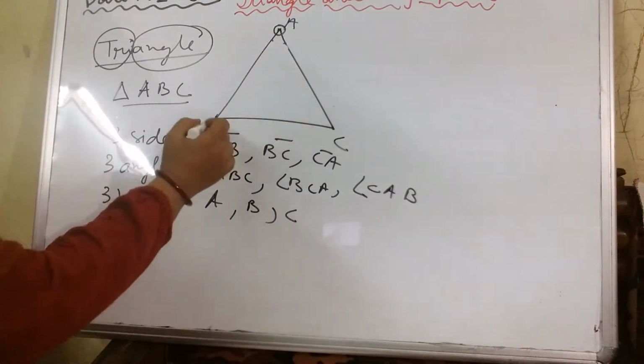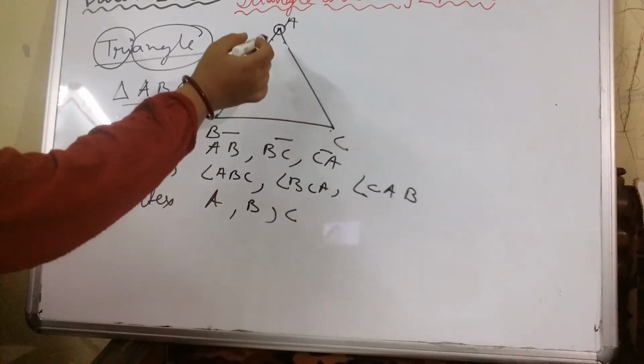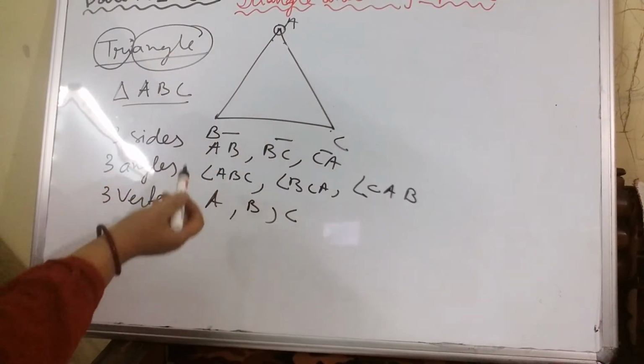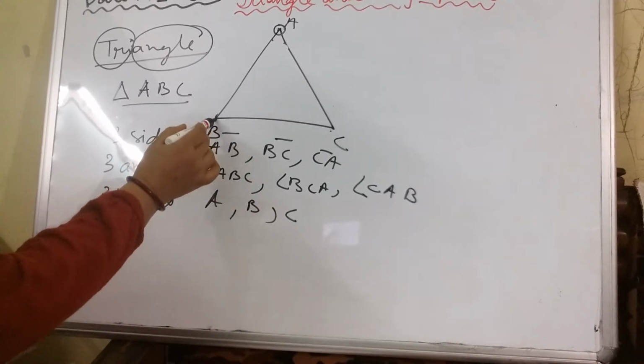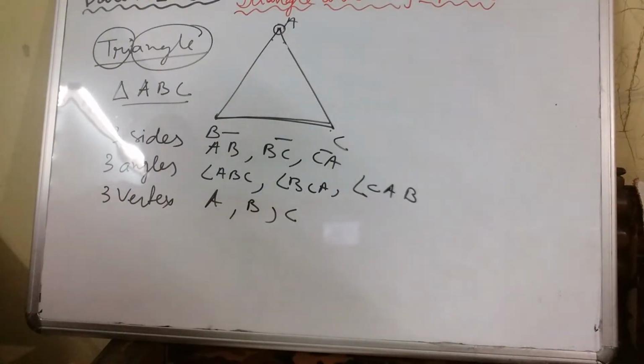So this AB and AC are directly connected with this A, and the side which is not connected in any way is side BC.